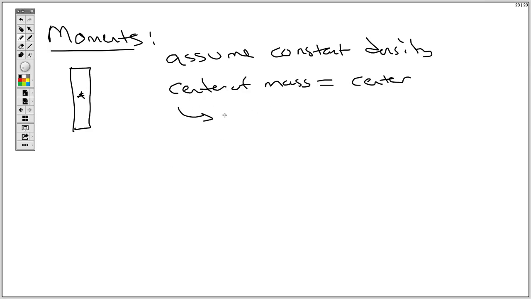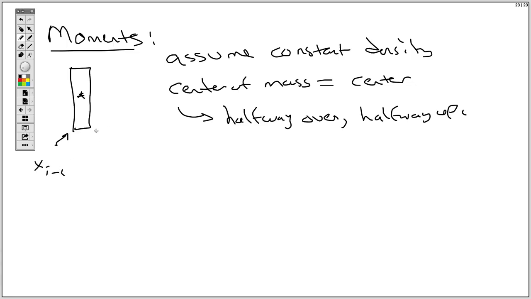So that's halfway over and halfway up. So if I call this x sub i minus 1, and I call that x sub i, then the midpoint, I'll call that x sub i star, would be the average of x sub i minus 1 and x sub i.